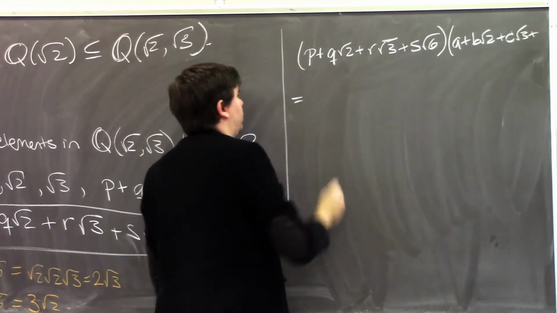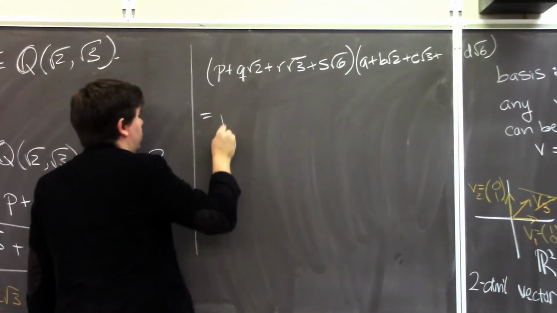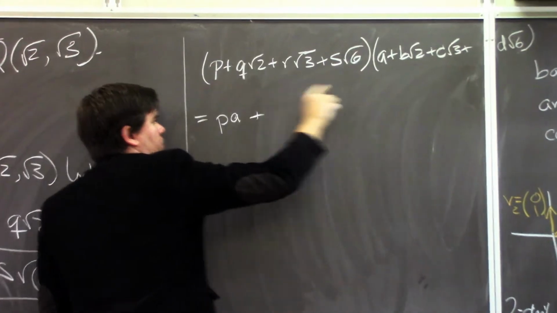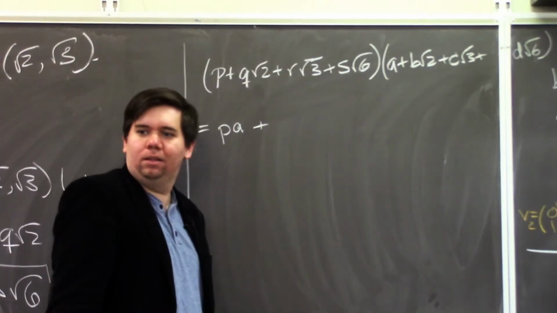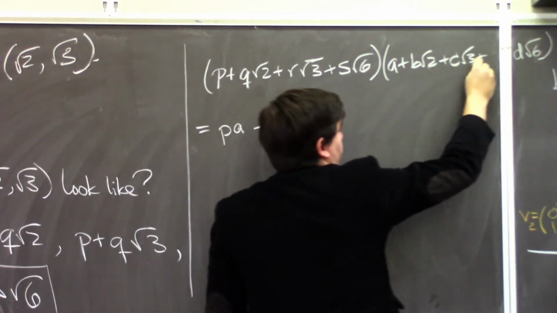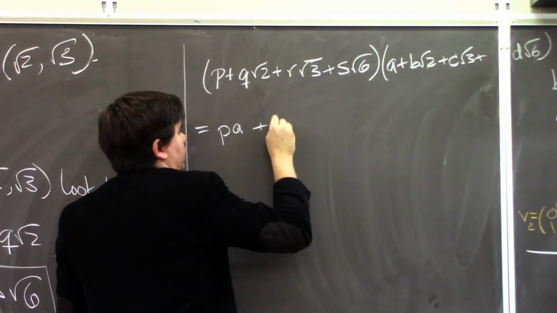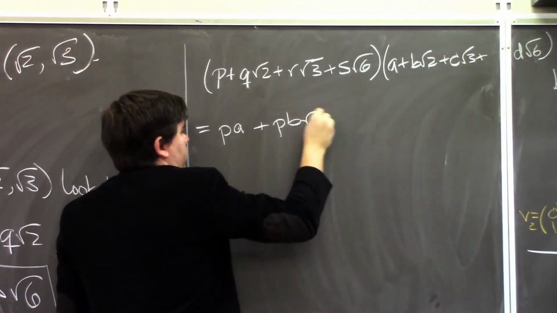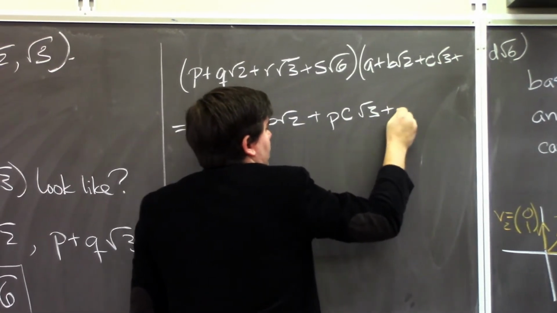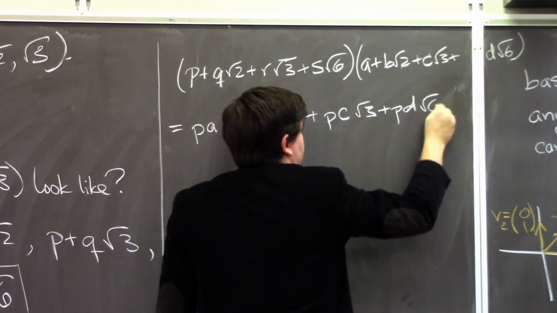And check what you get. P and a is just pa plus, well, you can do p times all those things, right? And when you do p times all those things, you just get things with root 2, root 3, and root 6. Plus pb root 2 plus pc root 3 plus pd root 6.